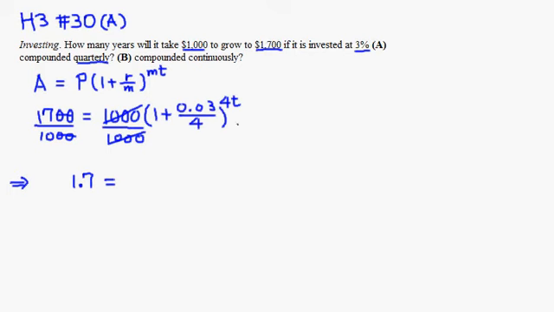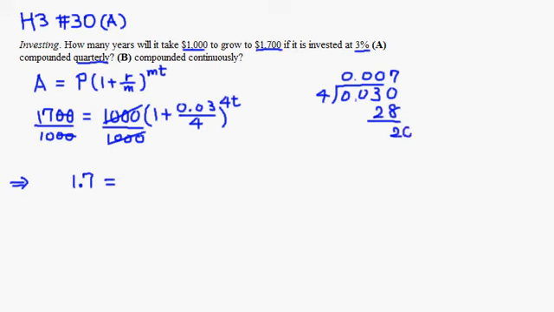This side it's going to be 1 plus 0.03 over 4. What's 0.03 divided by 4? We cannot squeeze 4 into 0, and 0 still, then 3. You can't squeeze 4 into 3, so bring down 0, so 30. You can squeeze 7 4s into 30, so 4 times 7 is 28, and 30 minus 28 is 2.